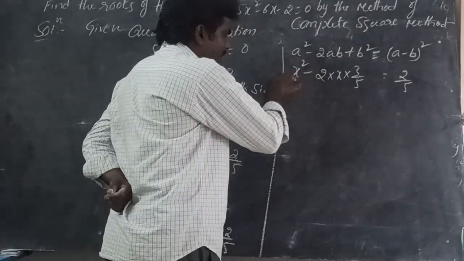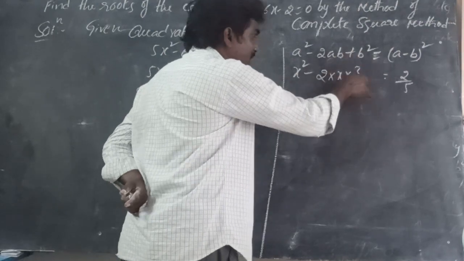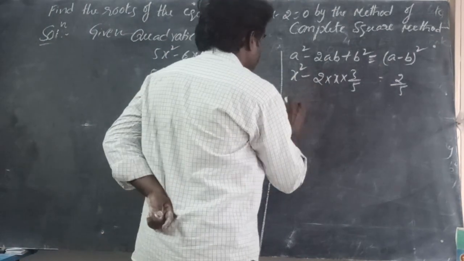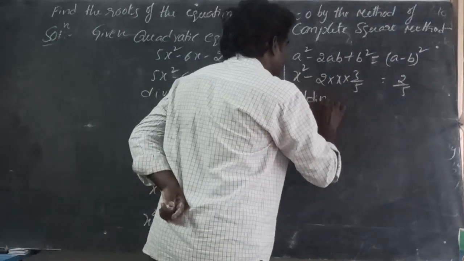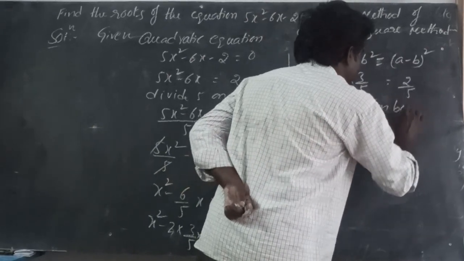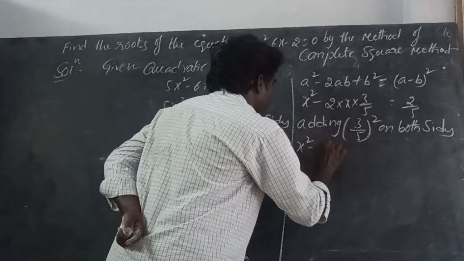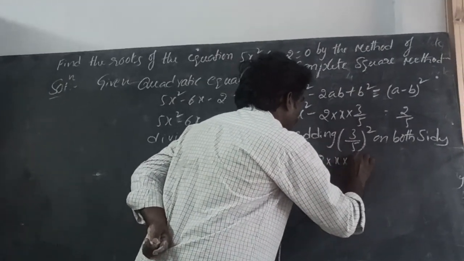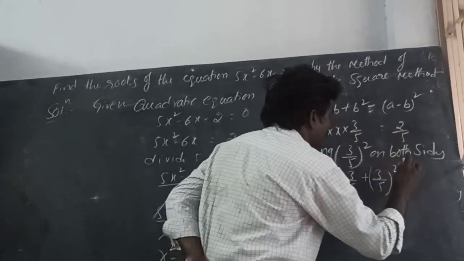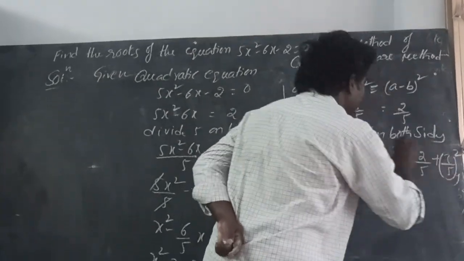So now a square minus 2ab, the remaining term is b. Which term is missing? b square. So adding 3 by 5 whole square on both sides, that is x square minus 2 into x into 3 by 5 plus 3 by 5 whole square is equal to 2 by 5 plus 3 by 5 whole square.